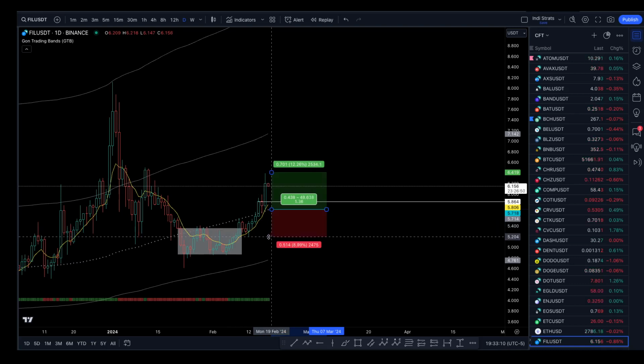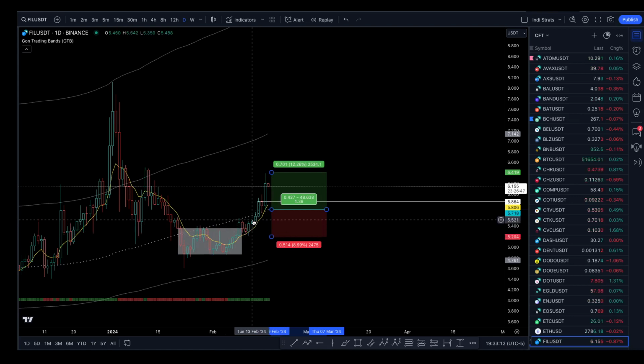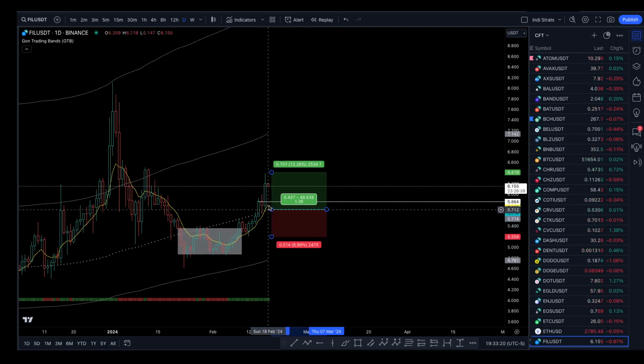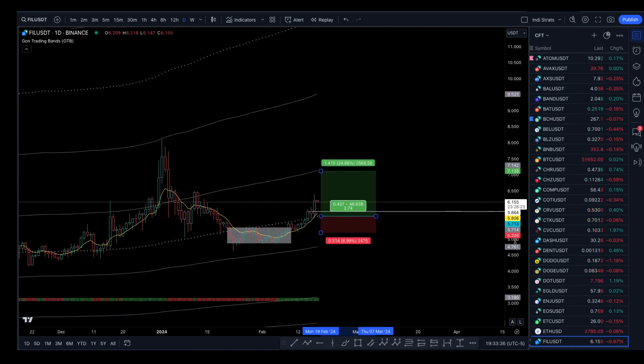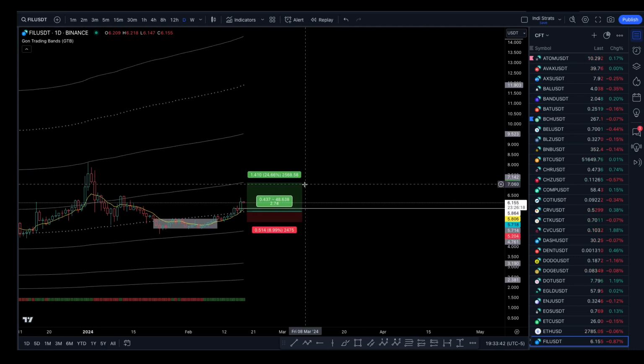But just visually speaking, and honestly, I would probably use this wick just because it sticks out to me, and I do not want price to drop 9% beneath the band anymore from there. And then I will just target the next first band, maybe 50%, 25%, 30%, depending on how long you want to be in the position, if it's a longer term investment for you, or if it's just a quick trade.